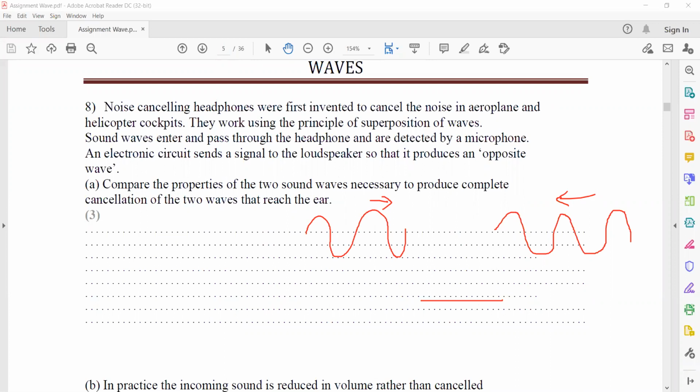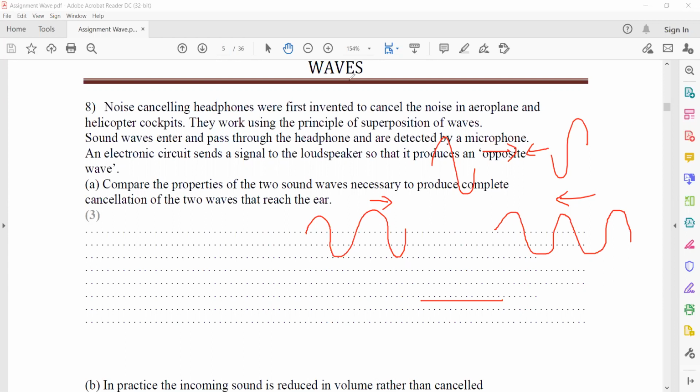To completely cancel out each other, the wavelength, frequency and amplitude should be the same for the two waves. They should travel in opposite directions, and they should be 180 degrees out of phase, because when they are 180 degrees out of phase, like if the crest joins with the trough, they will cancel out each other.